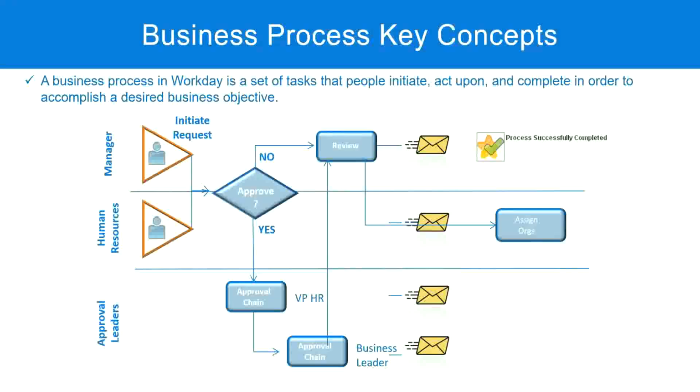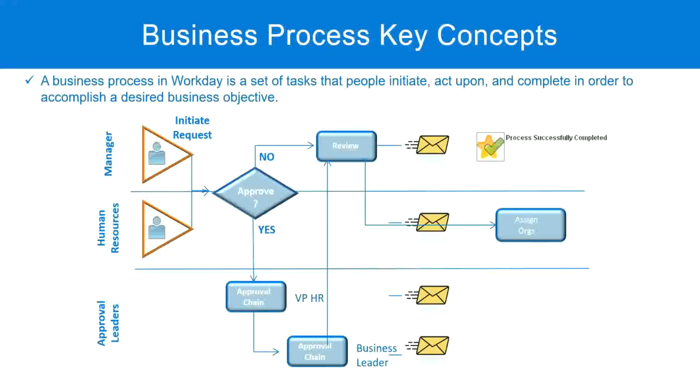Now, in this flow diagram, can you tell me who is initiating the request? Who all has the authority to initiate the request in this diagram? If you look at it, manager and human resources, right? Manager and human resources can initiate this particular request.